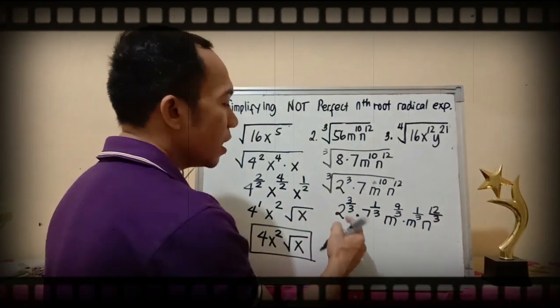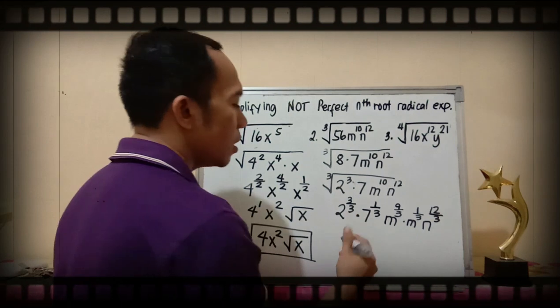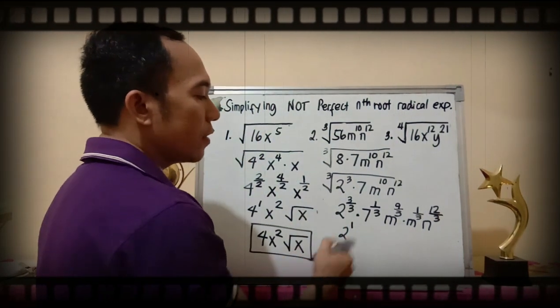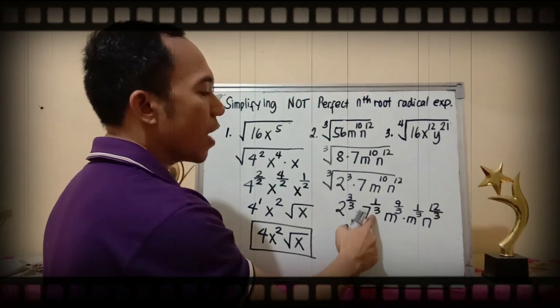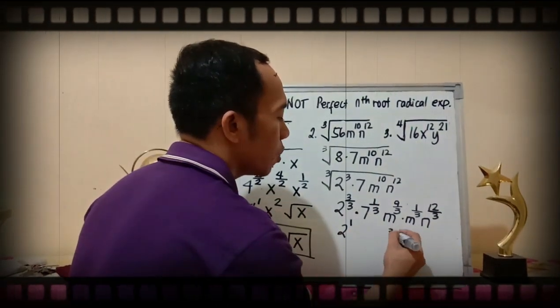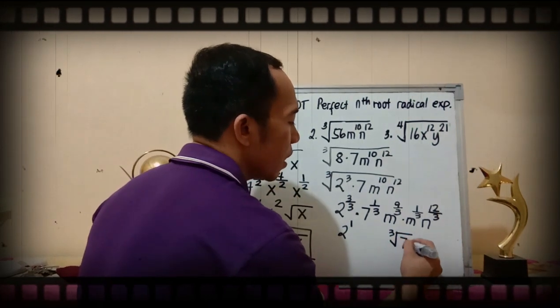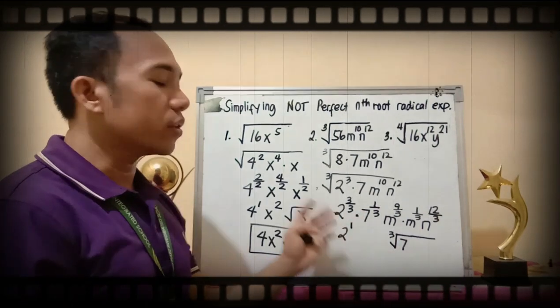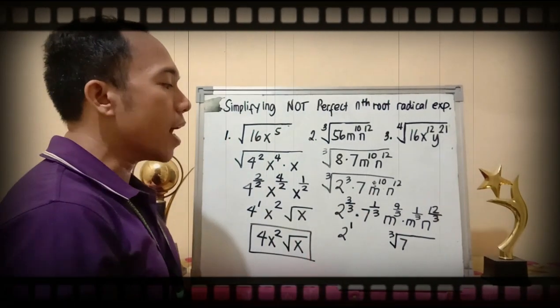So simplifying, 2 raised to 3 over 3 is now 2 raised to 1. And then for 7, it is a fraction, so you can convert this into a radical expression. You have the cube root of 7, because 7 is not a perfect cube. So that will stay inside the radical sign.